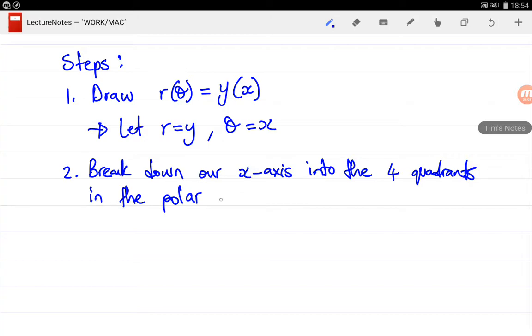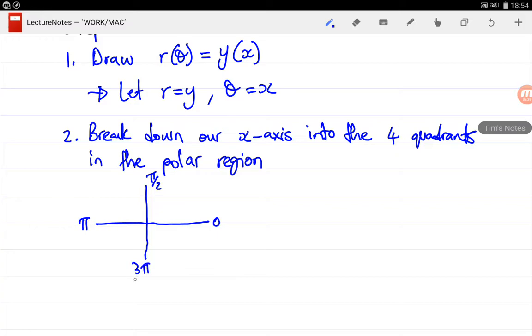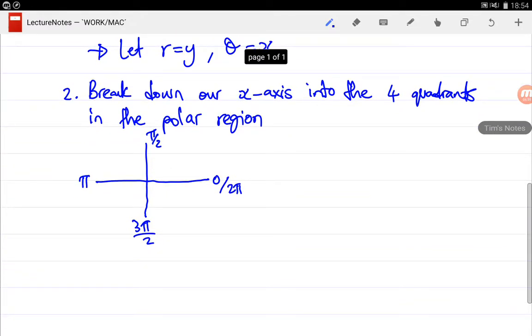Apologize for writing slow. As I stated before, our polar region starts from 0, goes to pi over 2, then pi, and this is going to be 3 pi over 2, and that's going to be 2 pi again. So that's where it basically starts repeating.